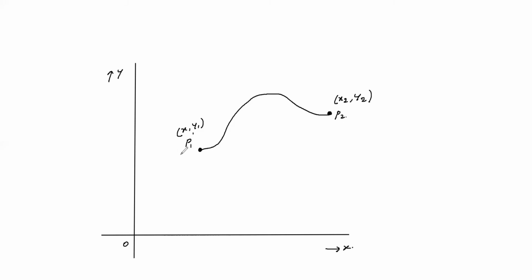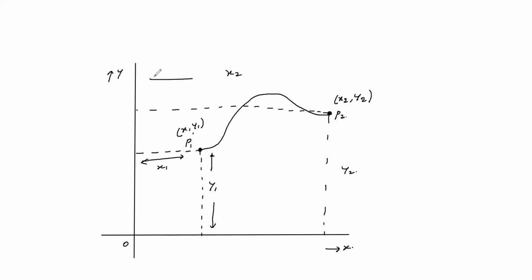Here there is a change in direction, which will be specified with respect to the coordinates. This distance I'll take as y1, the height, and this distance from the origin as x1. Here also, this is your y2, and this is your x2. So these are nothing but your coordinates.